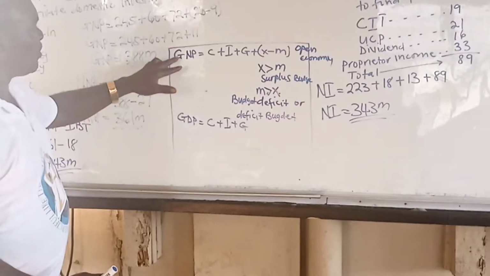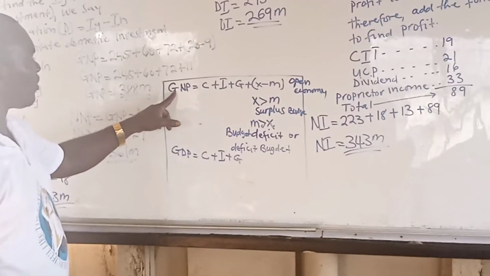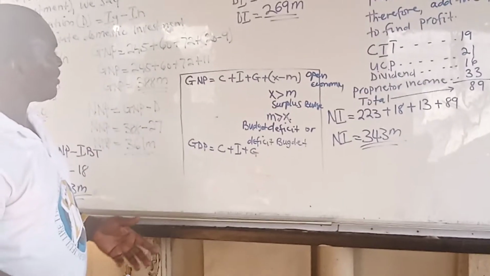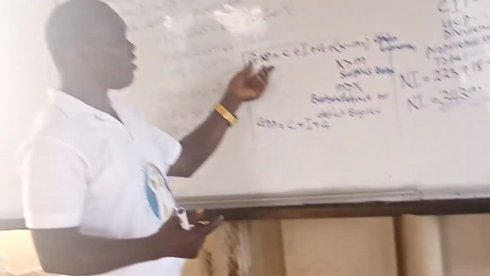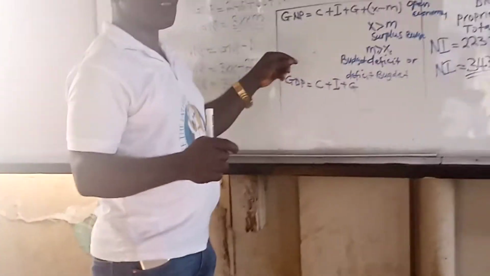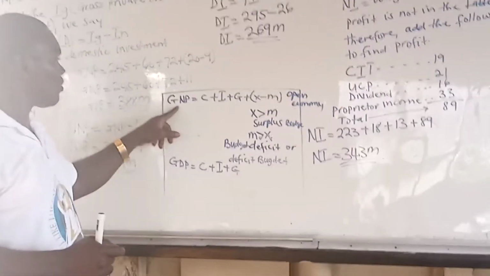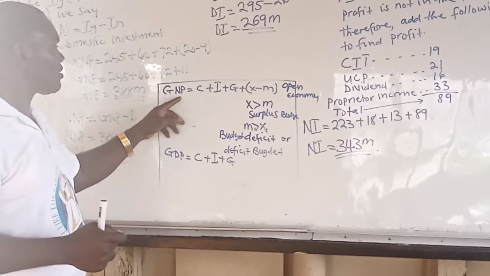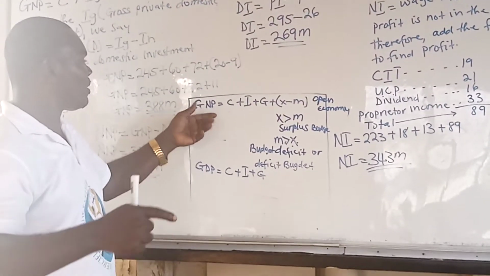In definition, GNP is the total monetary value of goods and services produced within the country and without the country, meaning abroad.